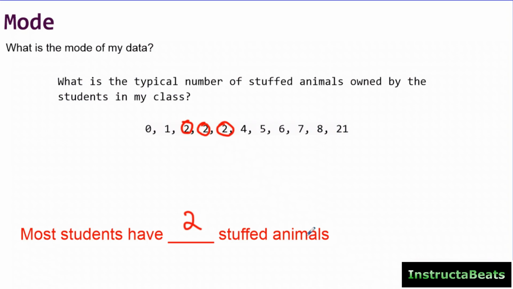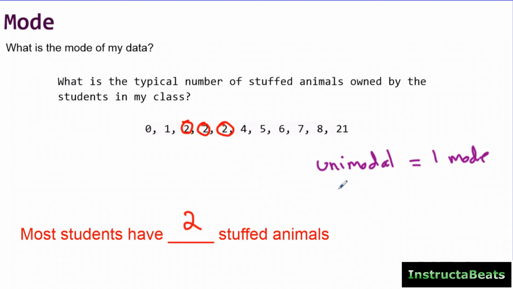Sometimes you're going to have a set of data where there are 2 numbers that are tied. So let's say there were 2 2s and 2 4s. Well, both of those numbers would be your mode. Your mode is just simply saying what number is seen the most in your set of data. This set of data is called a unimodal set of data, simply meaning that it has one mode.